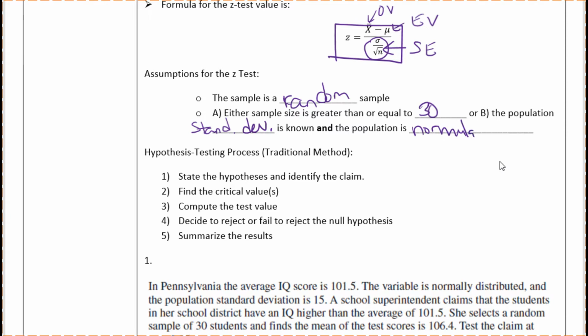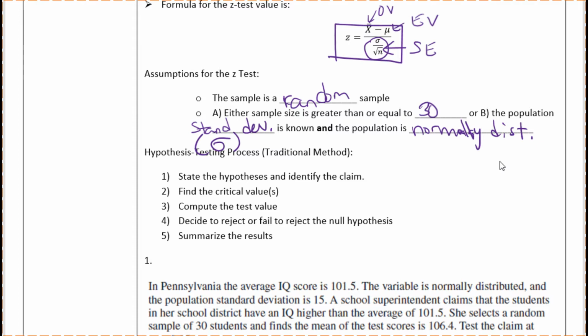So a couple of things can take place. You can either have a sample size greater than or equal to 30, or if it is less than 30, you have to know the population standard deviation, and the symbol for that is sigma, and the population has to be normally distributed. You have to have those two characteristics, standard deviation known and normally distributed, if you don't have a sample size greater than 30.